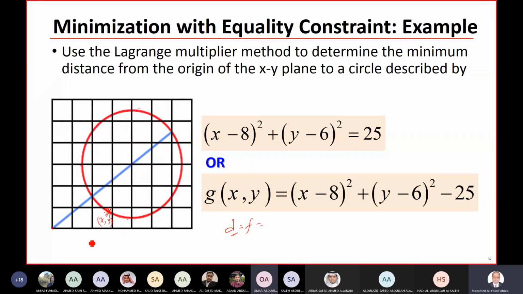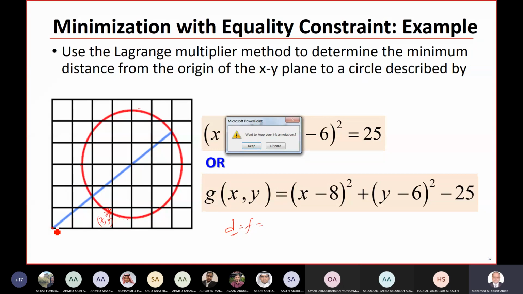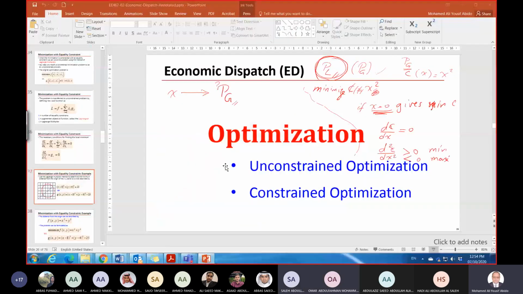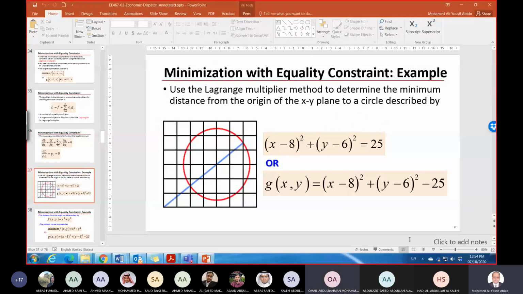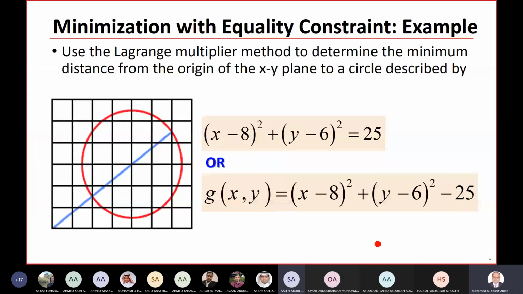No, it will be the equation of the circle itself. What's the distance? The distance between the origin point and the circle.